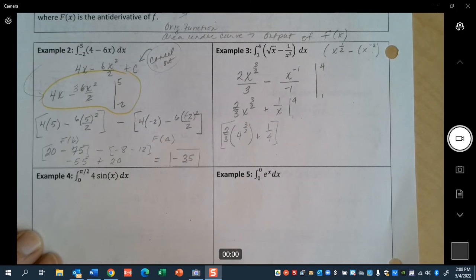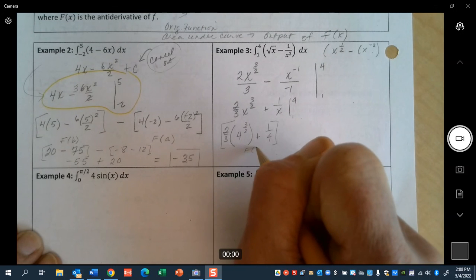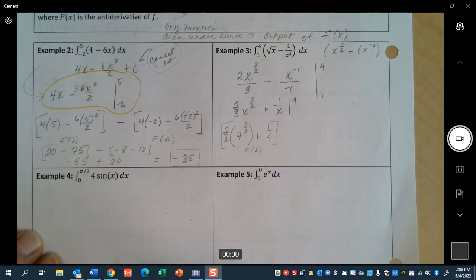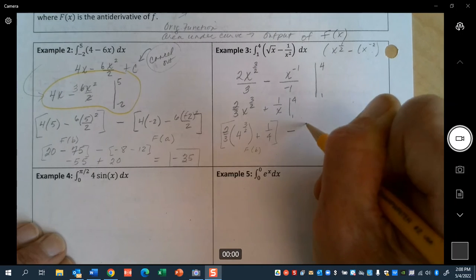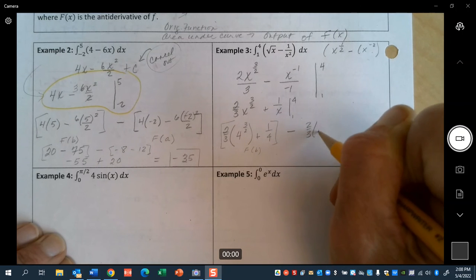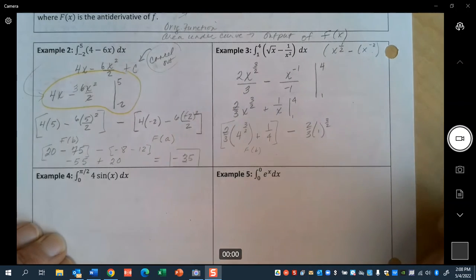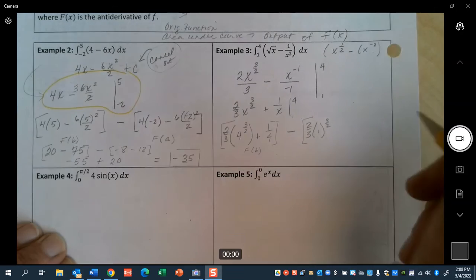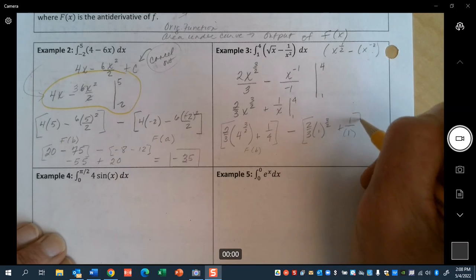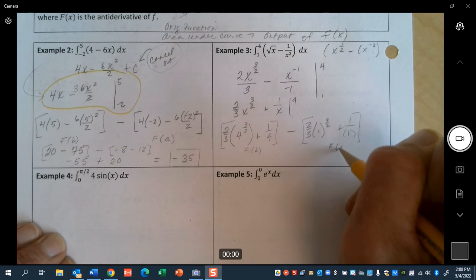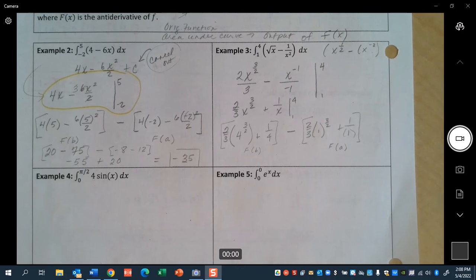That's our f of b, our original function with my upper boundary as the input, figuring out what my output is, minus 2/3 x to the 3/2 power plus 1 over my input value. That's my original function with my lower boundary as the input.